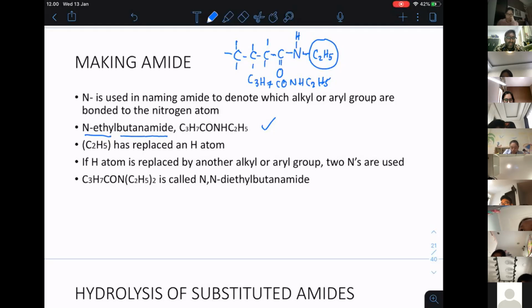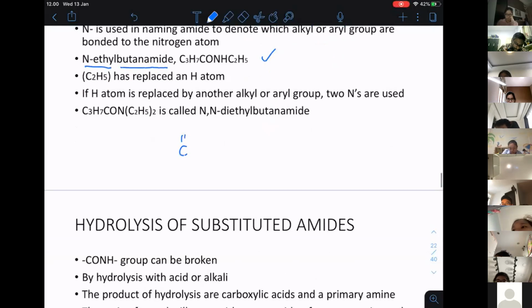So if an H atom is replaced by another alkyl or aryl group, two N's are used. For example, if you have C double bond O, and then you have C2H5, C2H5, and this is going to be bonded with C3H7. How do I name this?